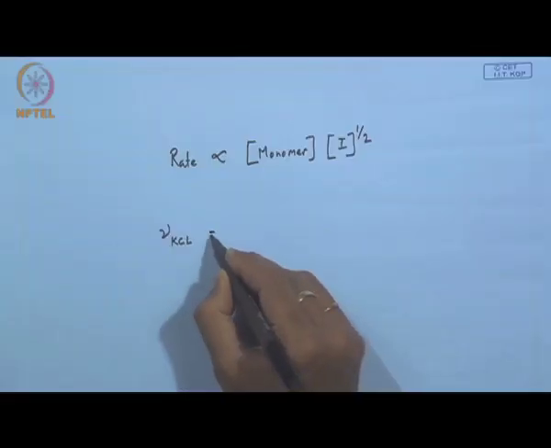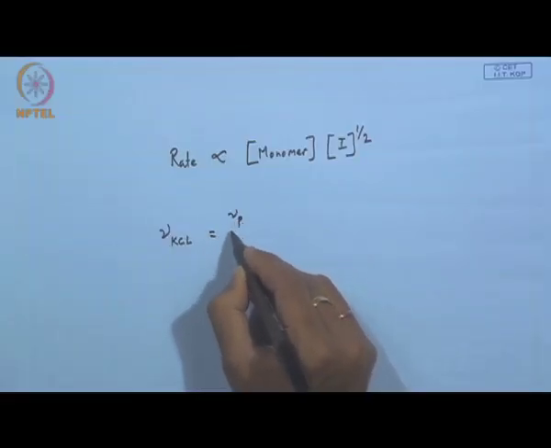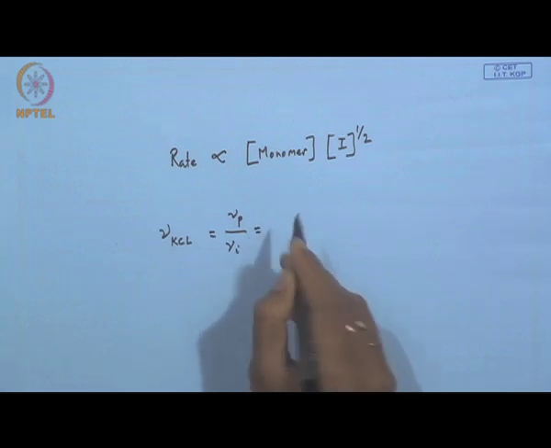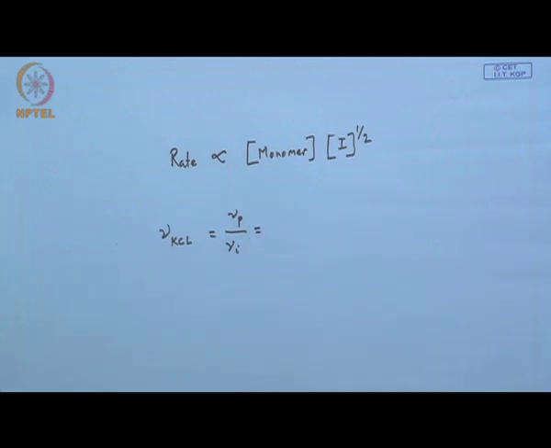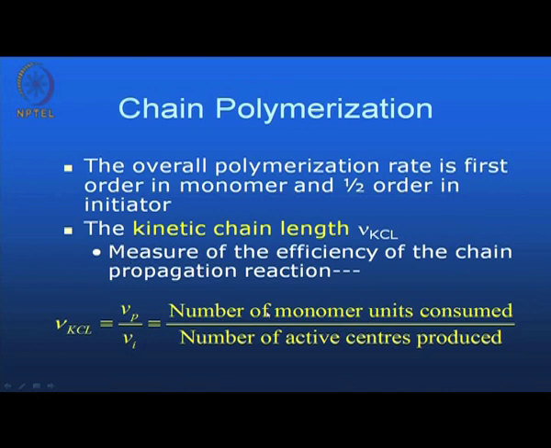If it does not propagate for a long time, then longer molecules cannot be formed; molecules having huge chain lengths will be difficult to form. It is defined as nu P divided by nu I, the number of monomer units consumed in the numerator divided by the number of active centers produced.